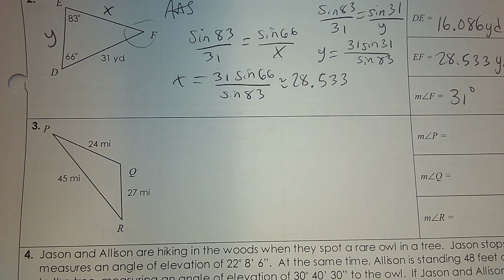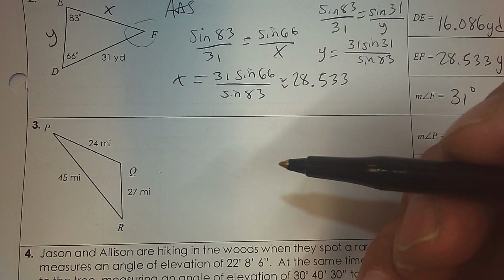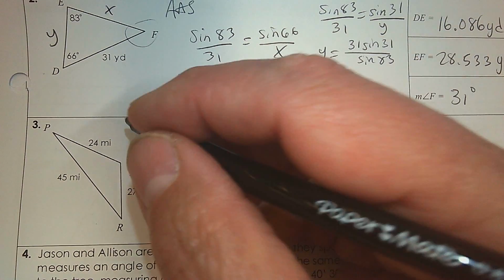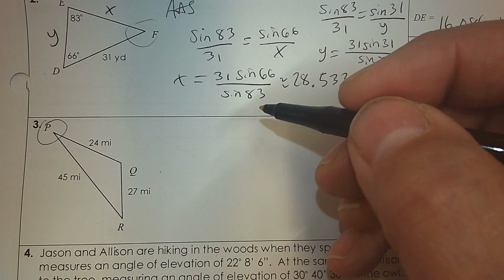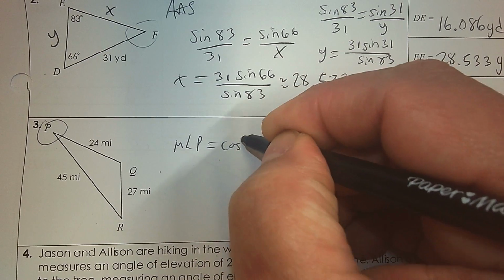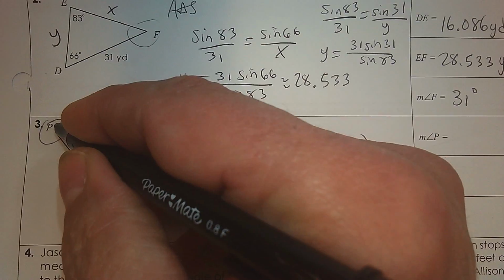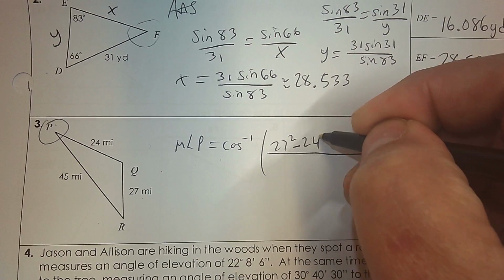All right, so which law do you have to use now that you've tried? So side, side, side is going to be the law of cosines. So to find an angle, pick an angle. So PQR, why not? Alphabetical, P. So if I want to find angle P, then it's inverse cosine. What side is opposite? It's 27. And then the other ones, the order does not matter.